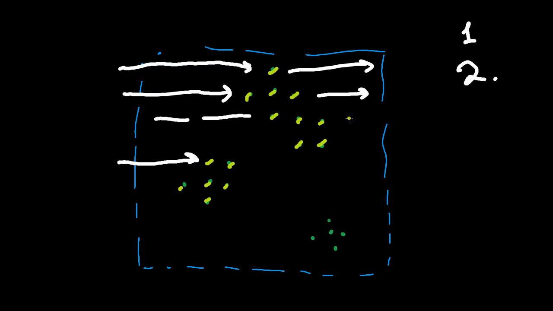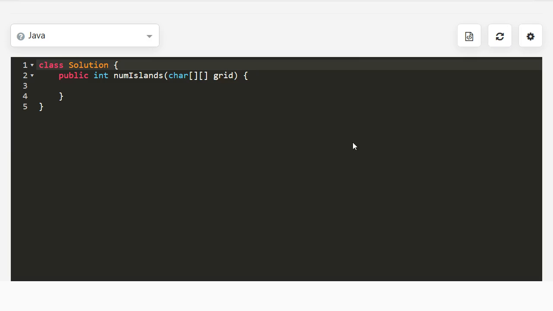Okay, so let's get back to it. Let's start with what that'll look like. We have our island count. Ideally here we'd also have some sort of check on the grid to make sure there's stuff in our world, but for now, let's just continue.